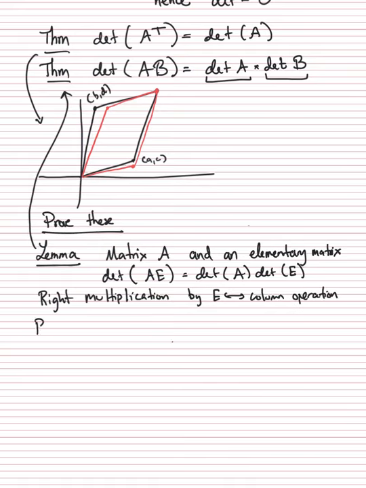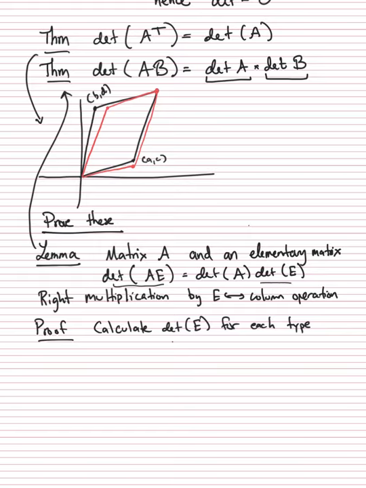Now the proof is, you just calculate the determinant for each type of column operation. There are three types, corresponding to each row operation, and each will influence the determinant of AE in the same way as the determinant of E.